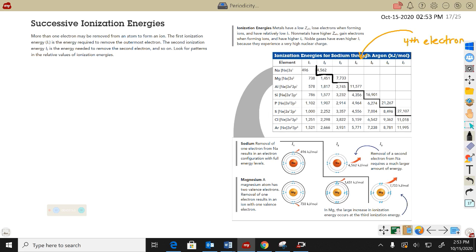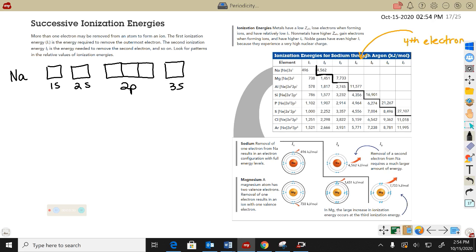Especially when I think about the arrangement of the electrons in an atom. So for example, what if we pick on our friend sodium? Sodium's electron configuration is given to us, but I like to also think about the orbital diagram. So if I were to write sodium's orbital diagram, I'd have the 1s and the 2s, and then the 2p orbitals, which are all equal energy, and then the 3s.